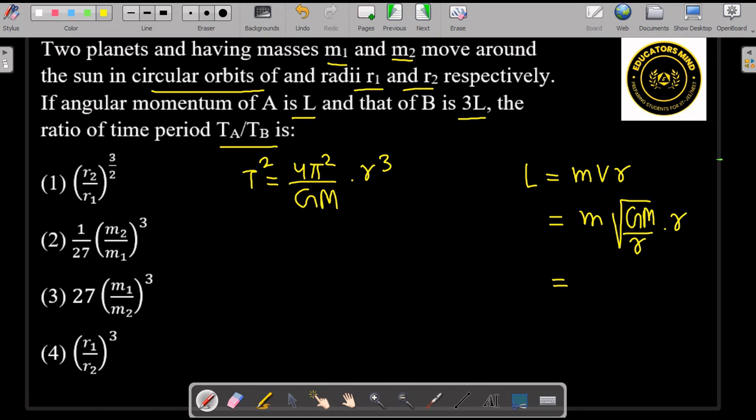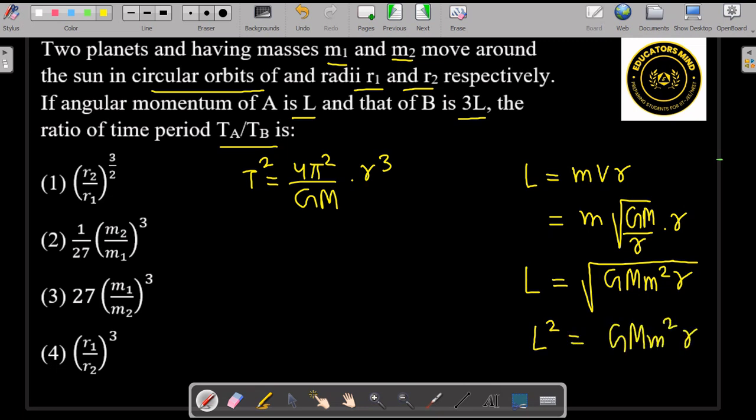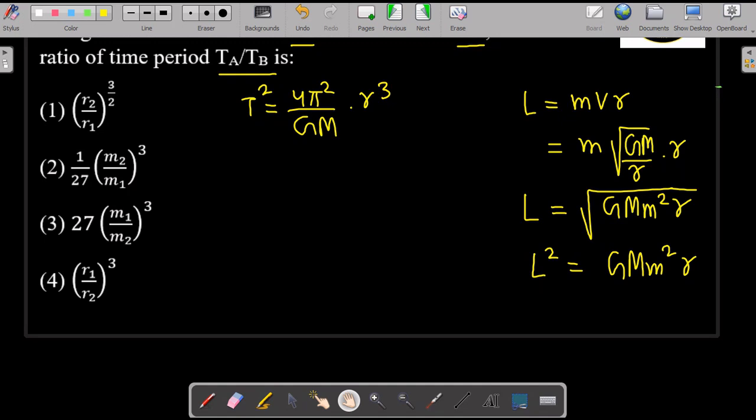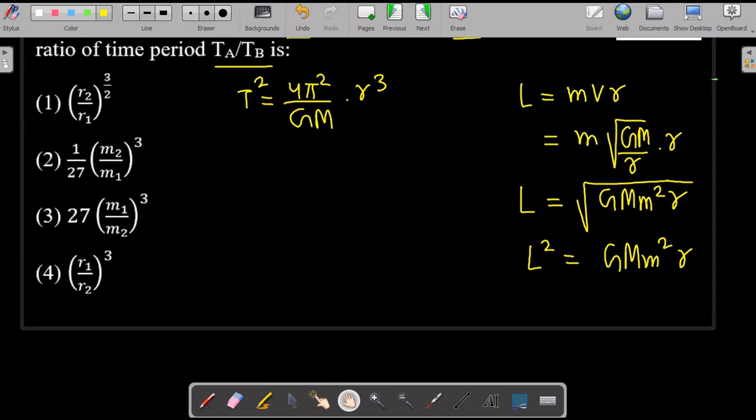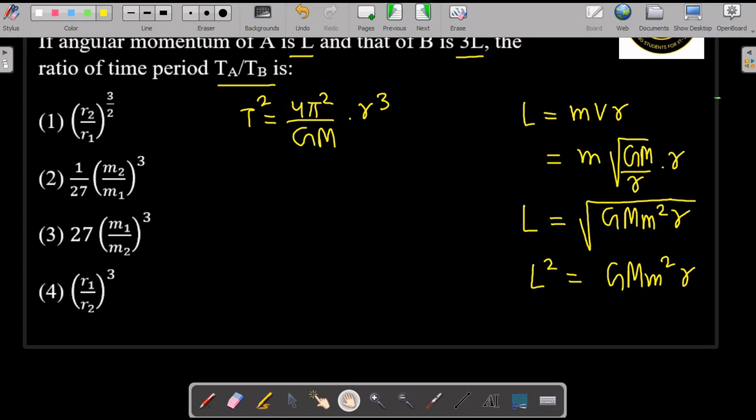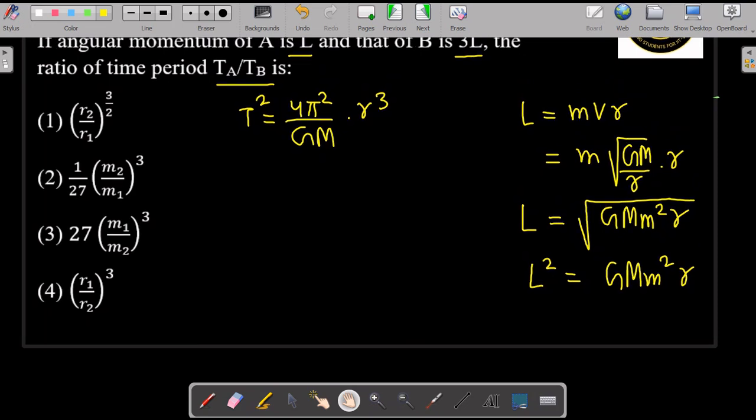Correct? So if you bring everything inside, GM m square r will come, right? Angular momentum, so if you square this, L square is GM m square r. Okay. So how can we then establish a relationship between the angular momentum square and time period?